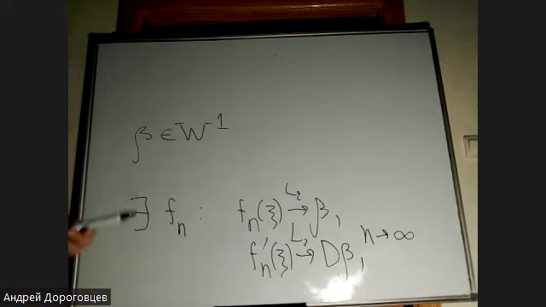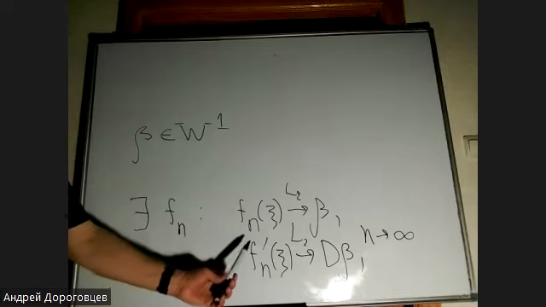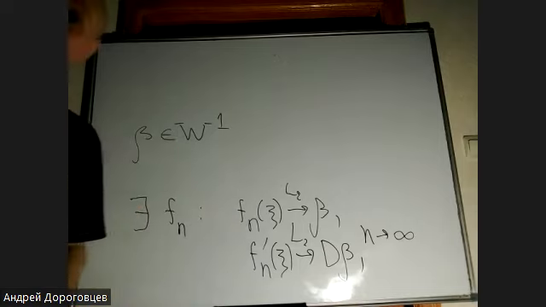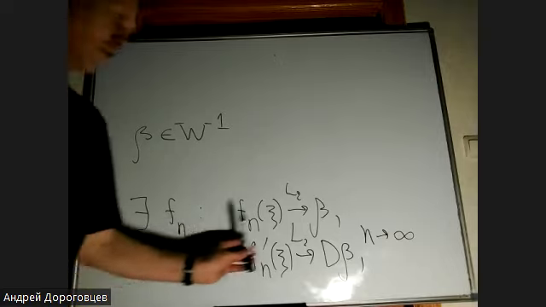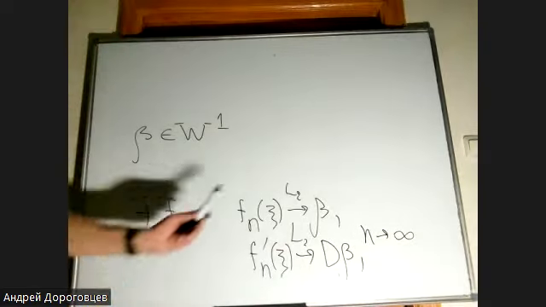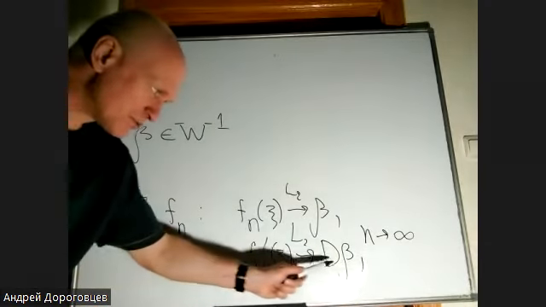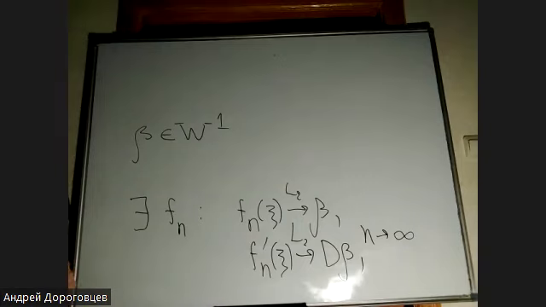We just take smooth functions and say that beta belongs to W1 if and only if one can approximate beta by these smooth functions in such a manner that the derivatives converge to some function, by the way, in L2.